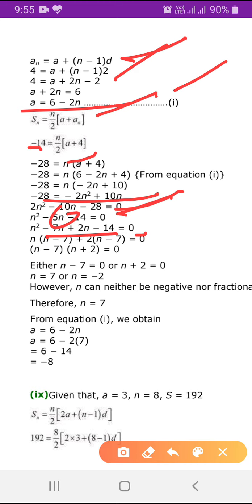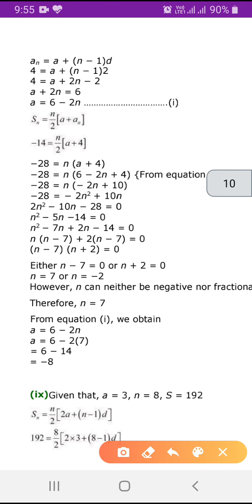After taking n common from the first two terms, we get n minus 7, and taking 2 common from the last two terms, we get n minus 7. Taking n minus 7 common in both, we get n plus 2 equal to 0.